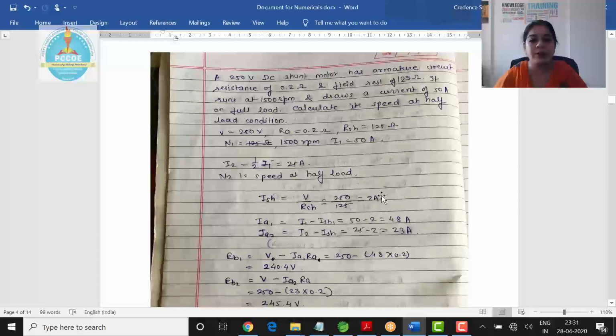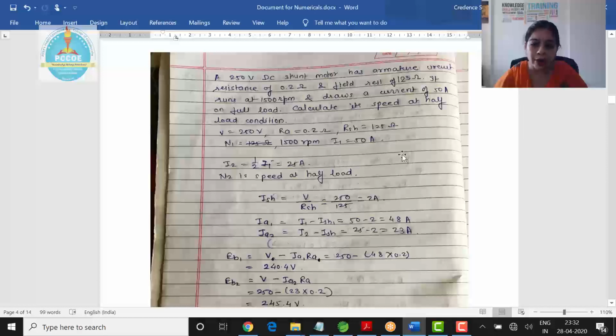Why we need the ISH? Because the total current, the supply current is given, that is I1, which is 50 ampere, and you know that it is the shunt motor. In shunt motor there are two parallel branches, so current coming from the supply will get divided into two branches.